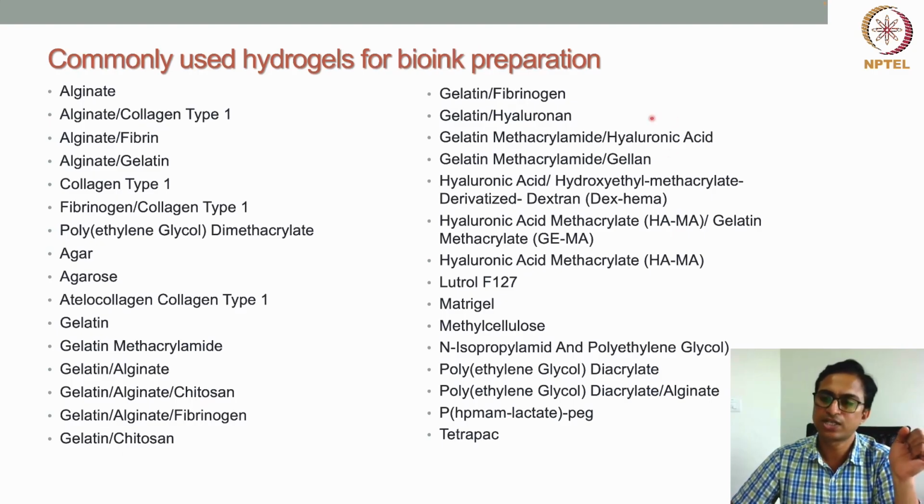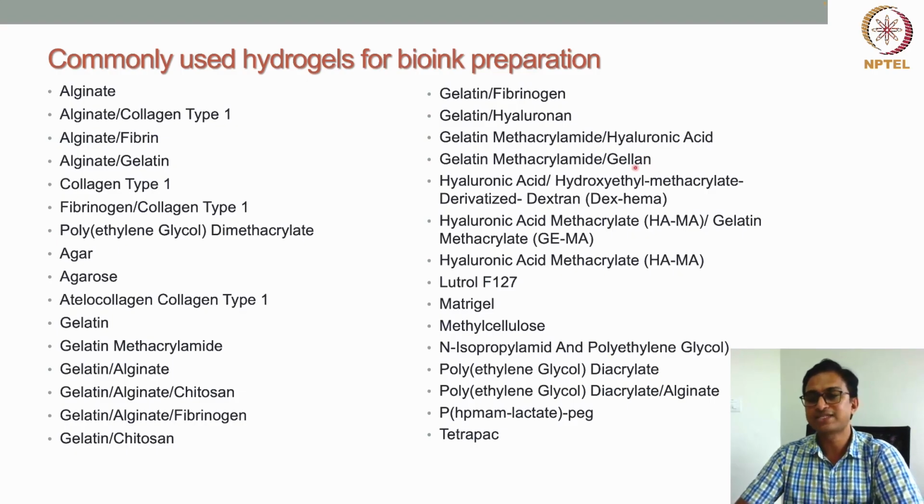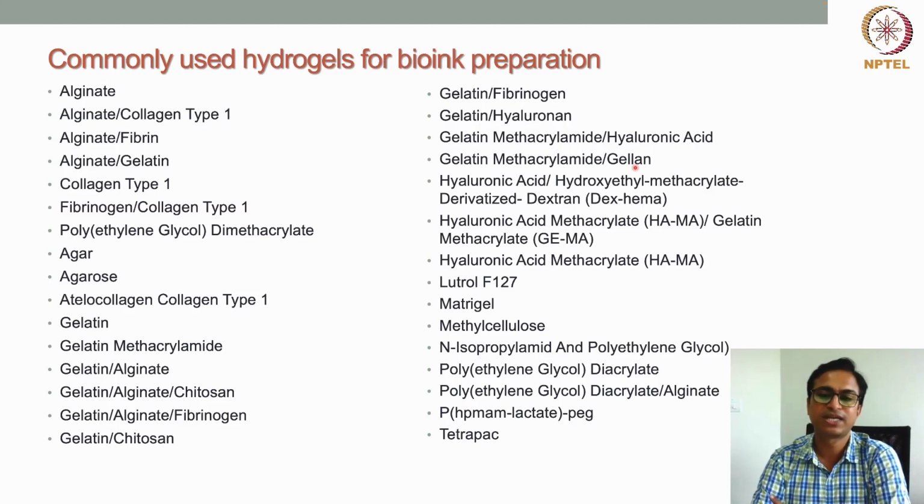So gelatin methacrylate has also been combined with hyaluronic acid. Gellan gum is also another material which acts as a rheological modifier, by which the rheology of the material and printability can be improved without adding too much material into the system, so that cellular viability and cellular function need not be compromised.